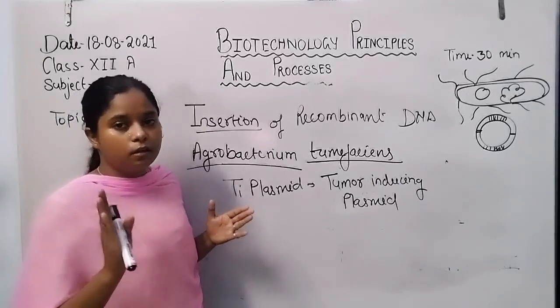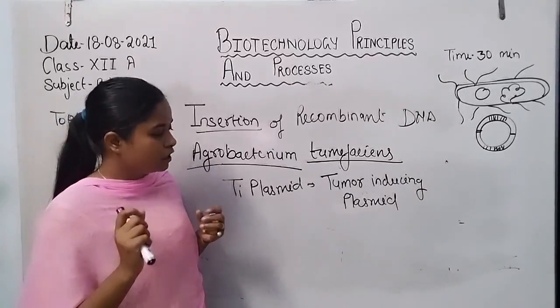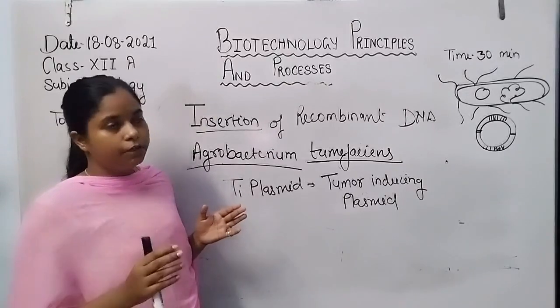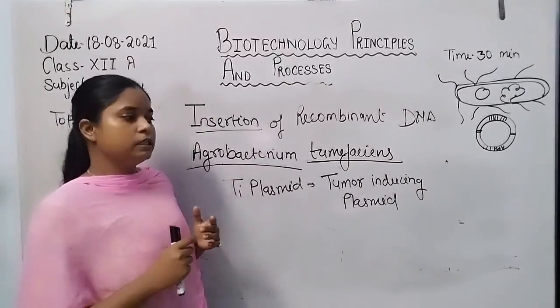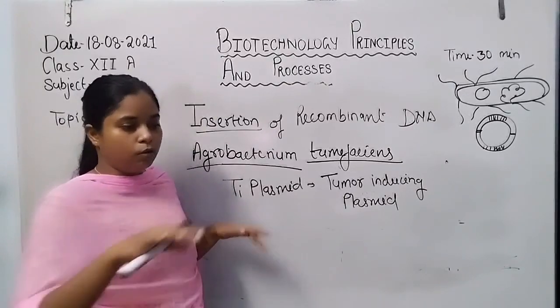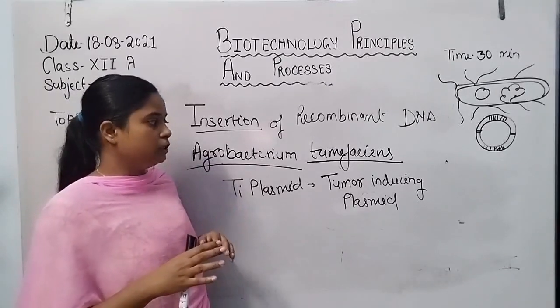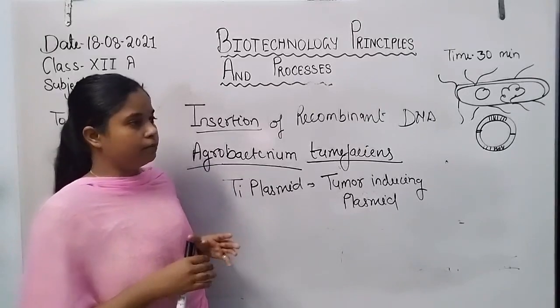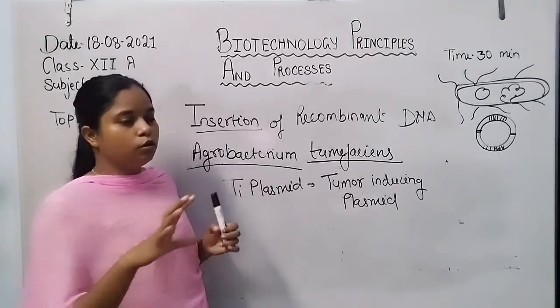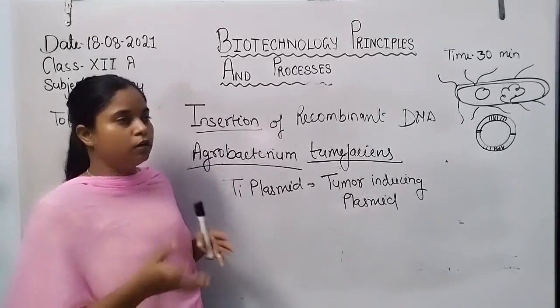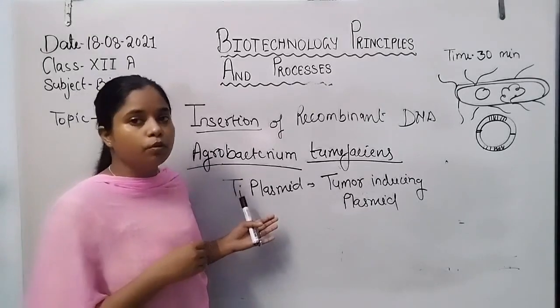So they induce the cell for proliferation, and they cause a disease, crown gall disease. In the crown gall disease caused by Agrobacterium tumefaciens, for their survival, they use the overall material of the plant for synthesis of their own protein.